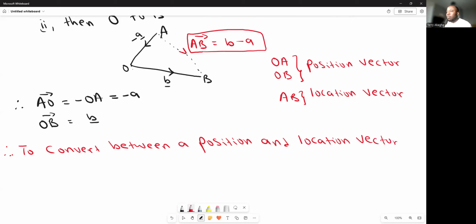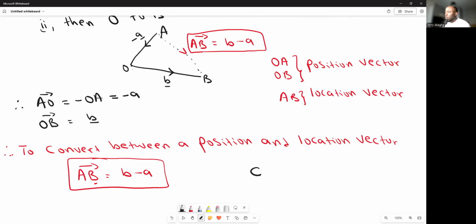So to convert between a position and a location vector, AB, if for instance we're given AB, it will be equal to B minus A. So if for instance in the exam you were given CA, it's going to be equal to A minus C. If you are given DE, it's going to be E minus D. Are you seeing it?